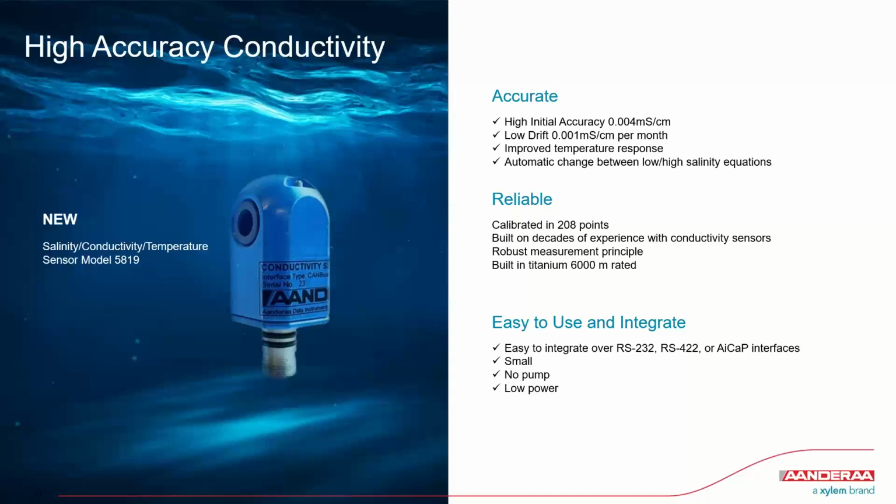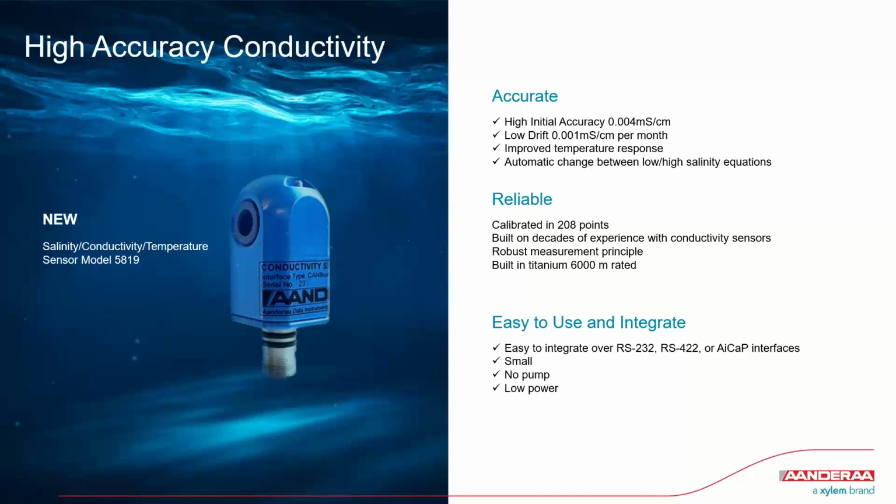Yes, so this one has much higher accuracy. Before we had the 4319, sorry, it's such a revolutionary new number, I got confused. We had two models there, one where the highest accuracy was 18 millisiemens per centimeter.